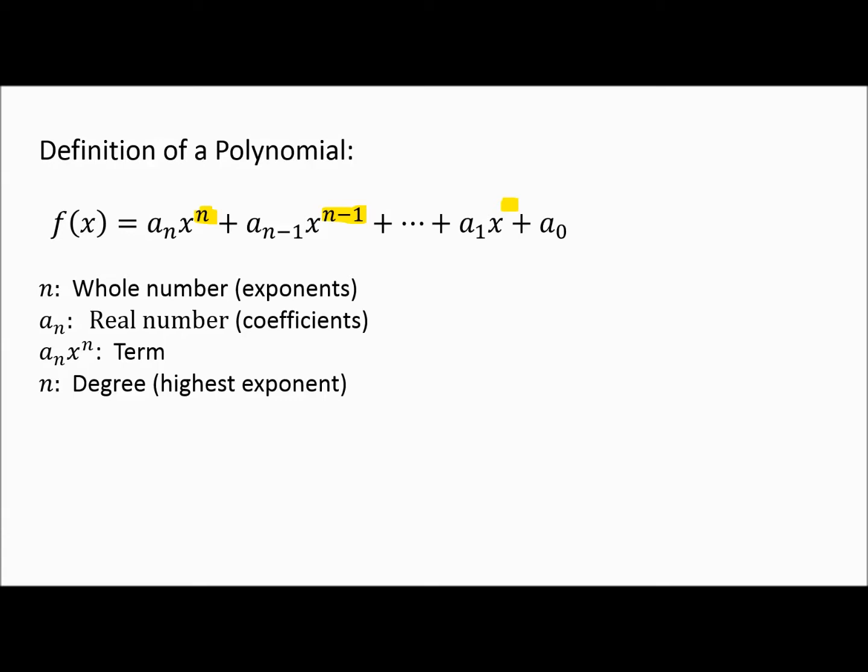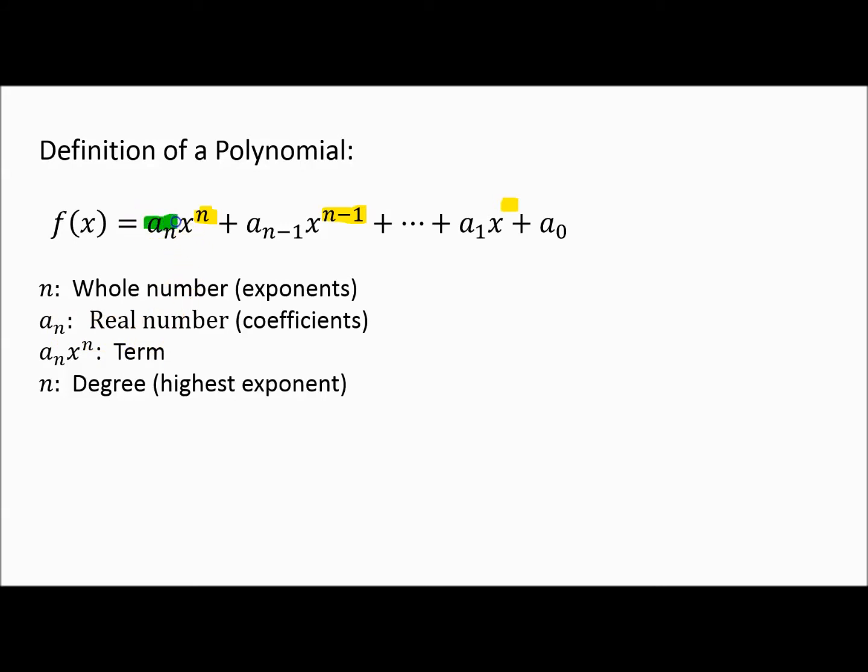So they could be 0, 1, 2, 3, 4, 5. What they are not is negative numbers or fractions. So make sure you realize that. You can't have a polynomial with an x to the negative 5 power, or a polynomial with an x to the 1/3 power.